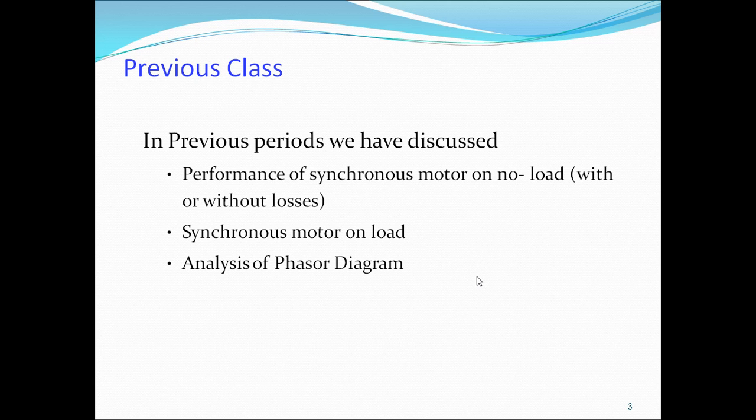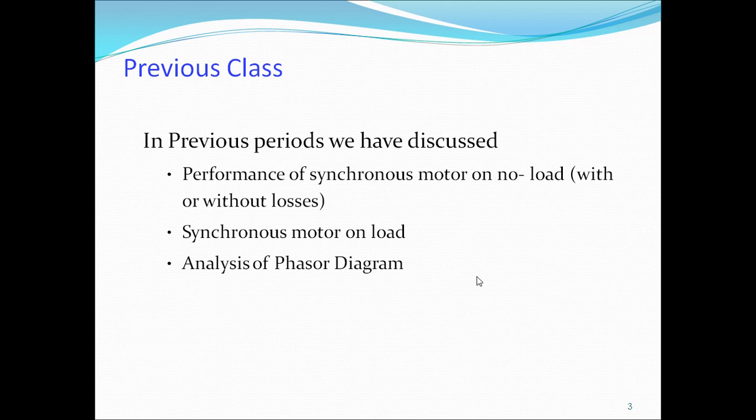That means the vector EB falls back by a certain angle alpha, called load angle or coupling angle, as the stator and the rotor poles are in a rigid coupling. Then the resultant vector ER is the combination of back EMF EB and V. ER produces armature current IA, which produces the torque, and this torque supplies the no load losses.